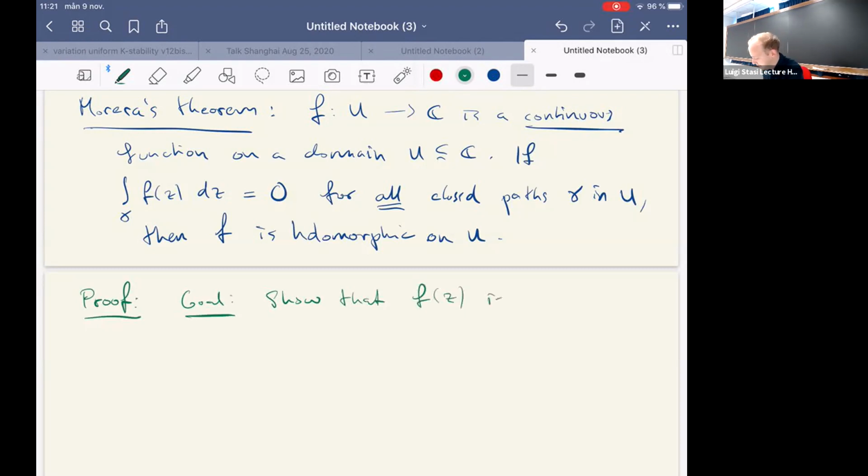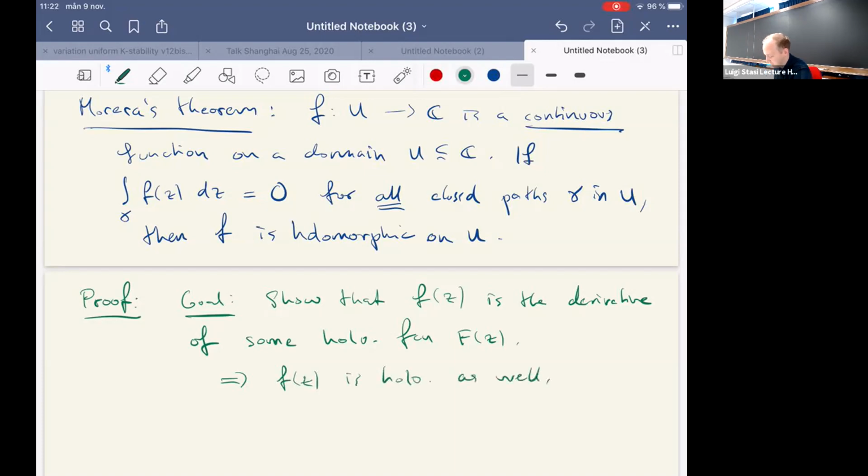So we show that f of z is the derivative of some other holomorphic function, capital F of z. And then this will imply that f of z is holomorphic as well. I hope these abbreviations are okay.